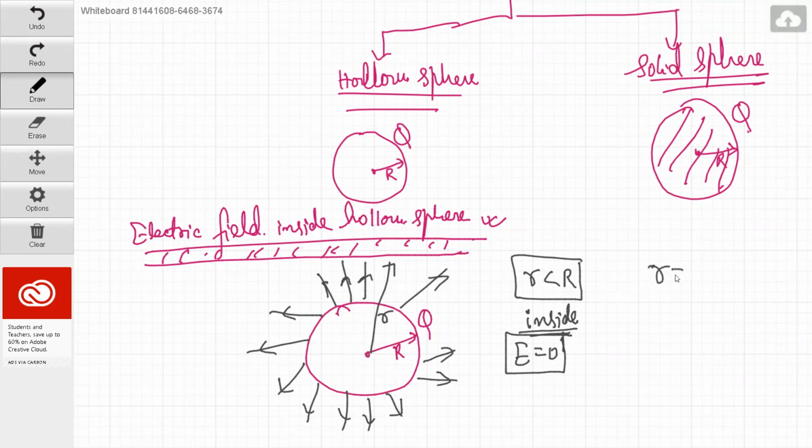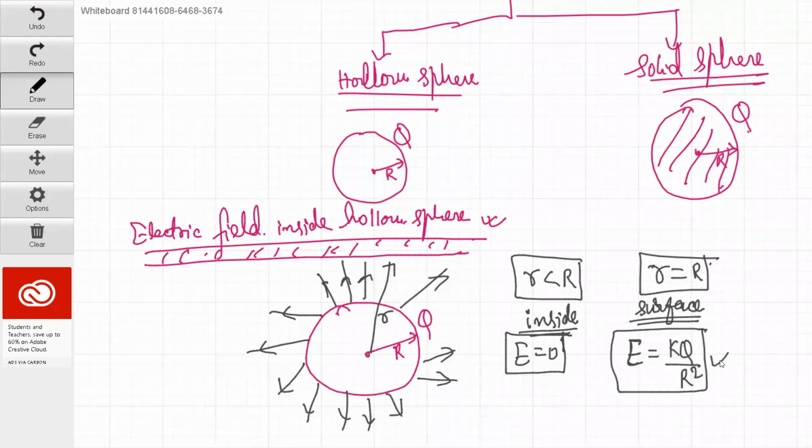Now r equal to R means we are talking about the surface, the point which is on the surface of that sphere. In that case, electric field will be equal to kq by capital R square.